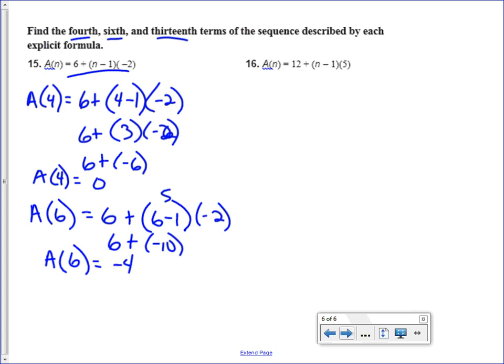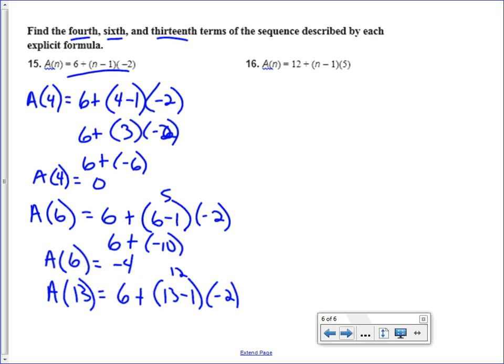Okay, and then the next one, the 13th term, you plug in a 13 for the n, so you'd have 6 plus 13 minus 1 times negative 2.